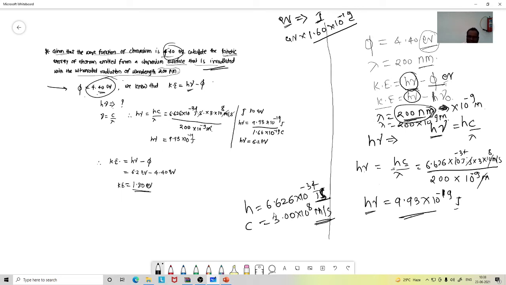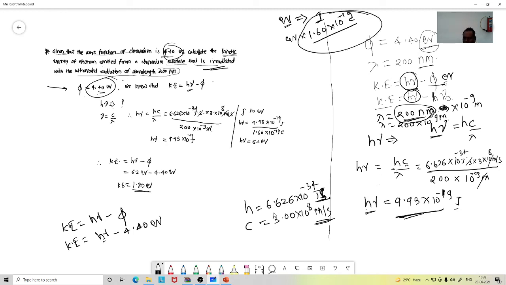The problem is kinetic energy is equal to h nu minus phi. Therefore, phi value is given in the electron volt, so kinetic energy is equal to h nu minus how much electron volt value? 4.40. Phi value is given 4.40 electron volt. This h nu can be converted into the electron volt, as I have told you.